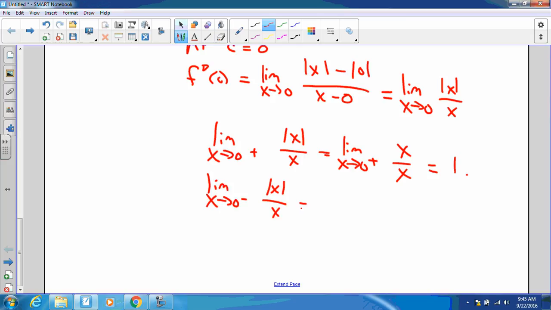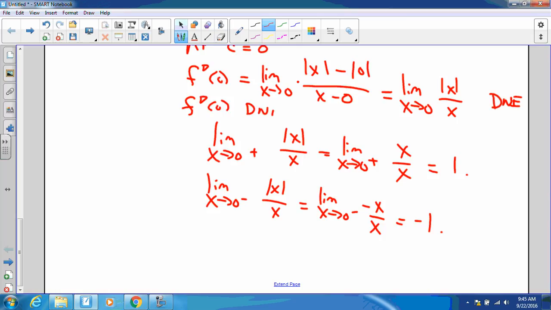But for x's that are less than 0, the absolute value of x is actually the opposite of x, and so I get negative 1. And so we conclude that the limit of this quantity, the difference quotient, fails to exist. And we conclude, therefore, that the function fails to have a derivative at x equals 0.